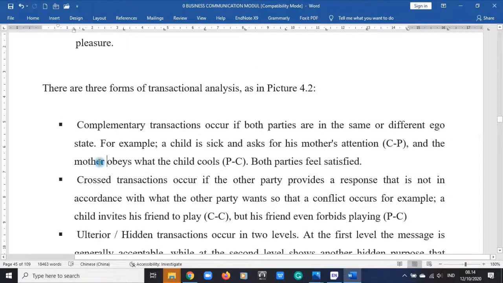Complementary transactions occur if both parties are in the same or different ego states. For example, a child is sick and asks his mother for attention, and the mother reacts as what the child is asking.